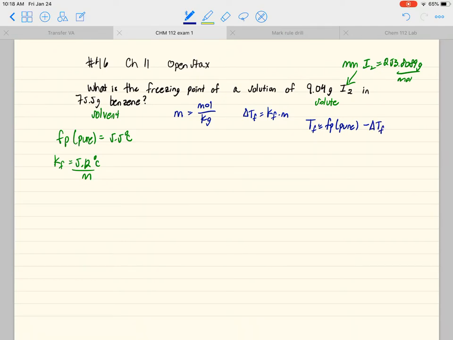So first, we need to calculate moles, and that's of the solute, okay, the thing that's present in lesser amounts. So we divide by the molar mass here.